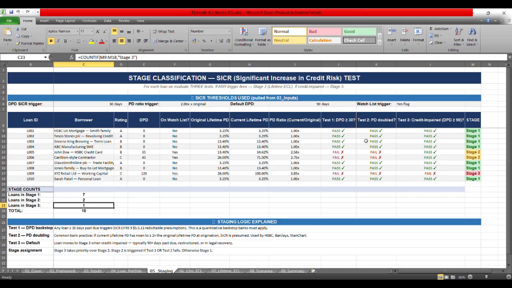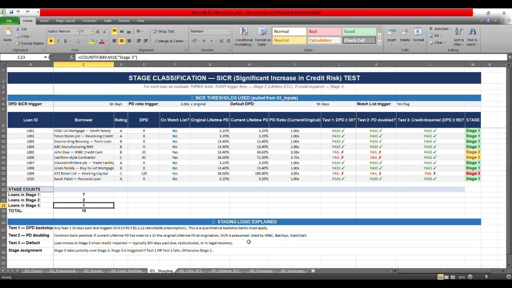So the DPD backstop, test 1, if it is yes, then we are already moving that particular loan to stage 2, right? And that's the quantitative rule that IFRS 9 explicitly mentions. Similarly, the PD doubling. It's a common bank practice that if the current lifetime PD has risen to 2 times or greater than 2 times the original lifetime PD at origination, then SICR is presumed.